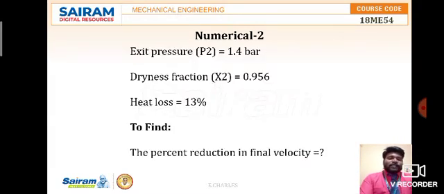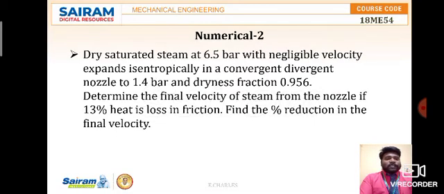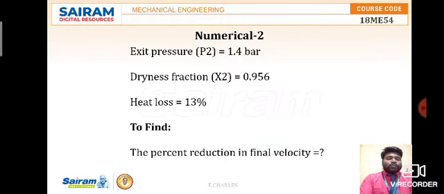So first let us take down the data which is given in the problem. The initial pressure P1 is given as 6.5 bar, so we make note of P1 as 6.5 bar. Then the exit pressure, P2, is equal to 1.4 bar. Then the dryness fraction is given, which is x2.